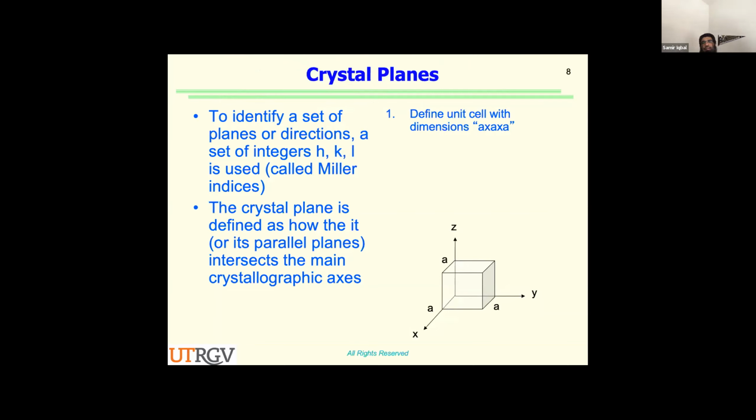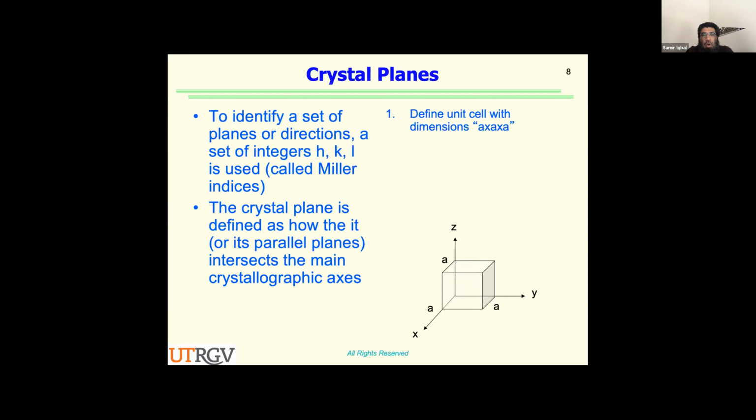So I put down a cube on 3D Cartesian coordinates, right? We all know Cartesian coordinates, X, Y, Z, right? So I put it down there. Now I say, okay, this is the size a. What do we denote a as when we talk about unit cells?